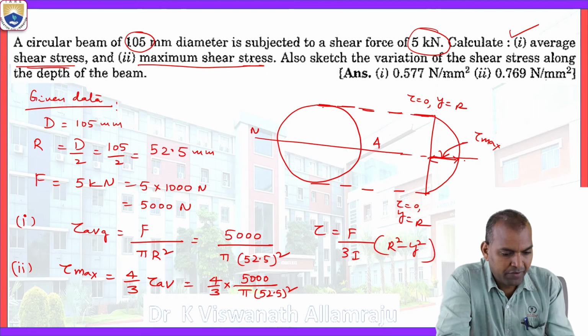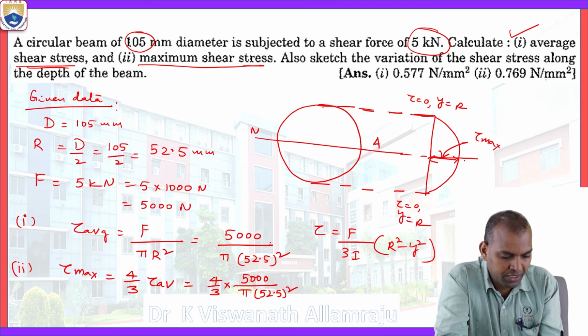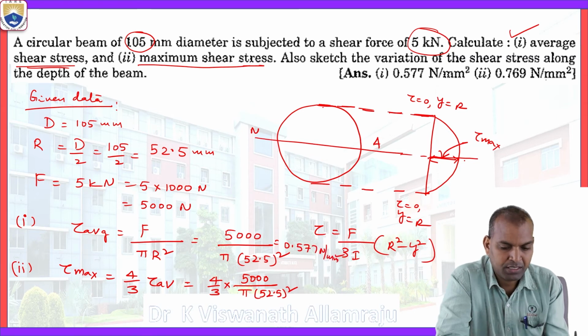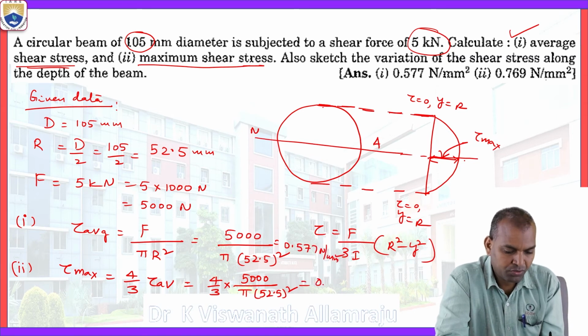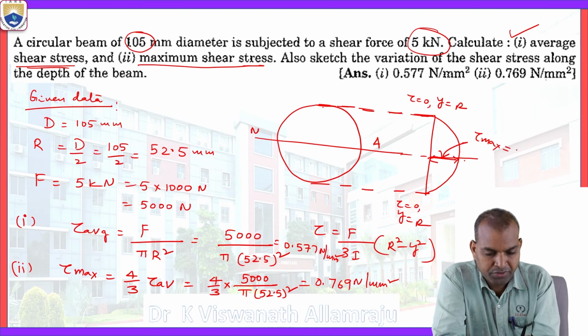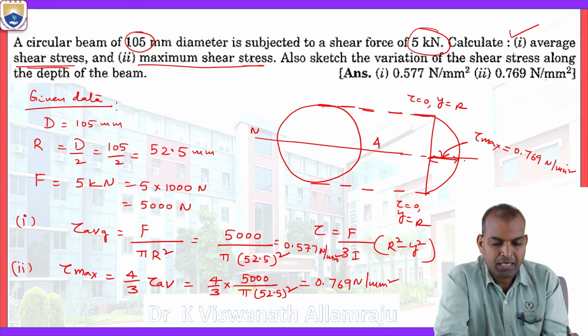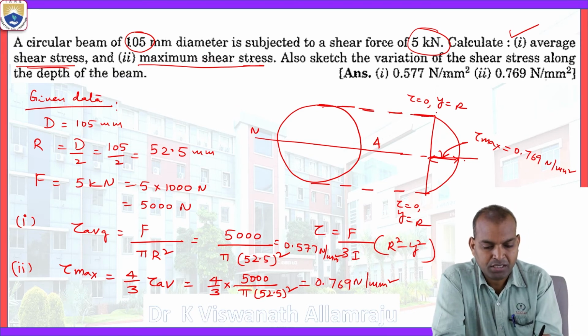So the observed average shear stress is 0.577 Newton per square millimeter. And the maximum shear stress you can calculate as 0.769 Newton per square millimeter. The maximum value of the shear stress here is 0.769, and the average value is also shown.